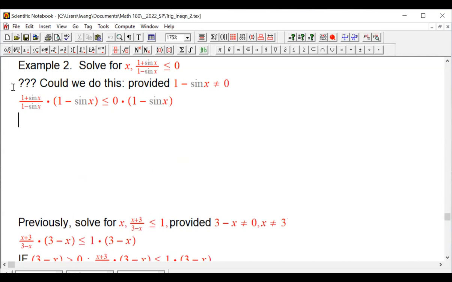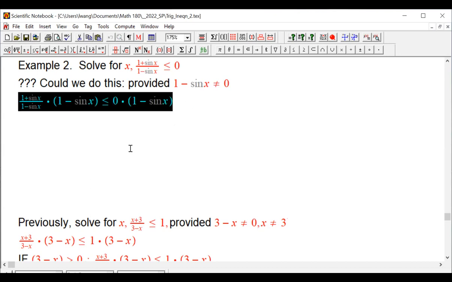Now, for our situation, do we know the sign of 1 minus sine x? So first, let's start with determining the domain, to guarantee 1 minus sine x is not equal to 0. So we first do the domain and then we come back for this discussion.